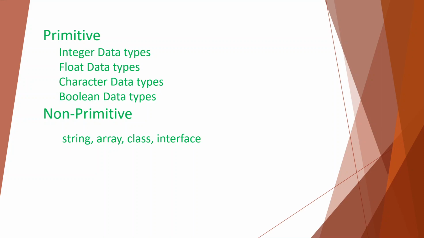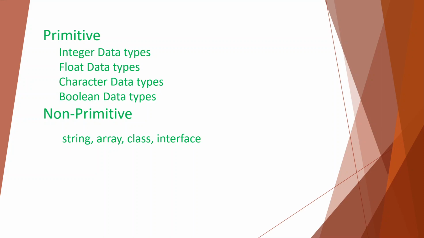The users or the developers have to create them. String is the only non-primitive data type that is given inbuilt with the Java language. The remaining all we have to create.